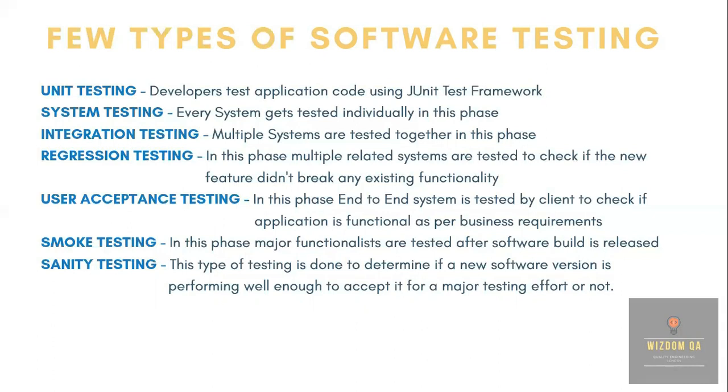They will get some project from say AIB or KBC, and they will implement an application, and then this application will be tested by the client itself. So AIB or KBC itself will test it. So that's basically user acceptance testing.